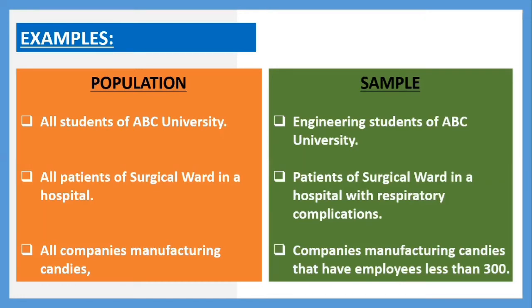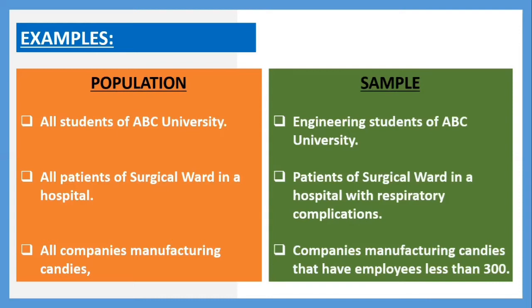To make this a sample example: engineering students of ABC University. Because engineering students of ABC University are just representative samples of the totality of all students of ABC University.